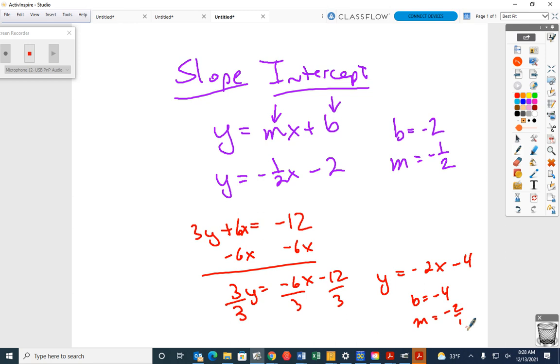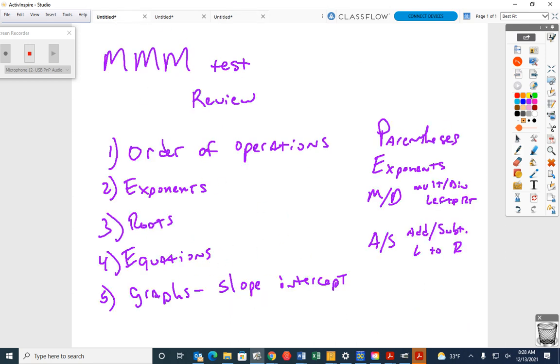The only other things you have to know for your test, and this is the last part, is how to graph a function, using a function table, which we just finished, so I should not have to go back over that. Completing the function table.